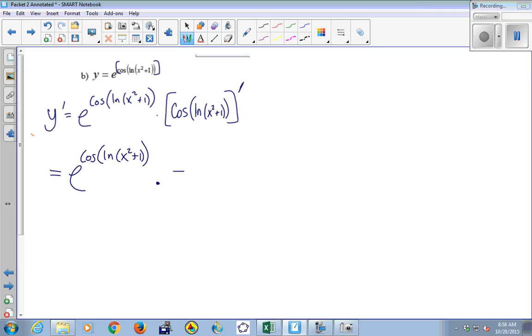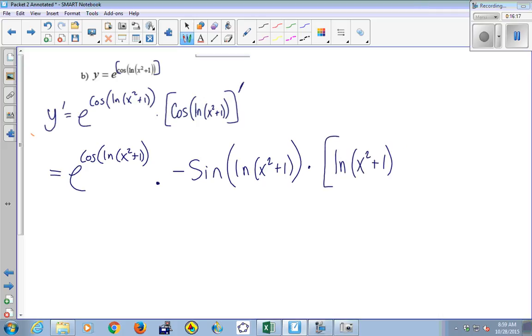So this is going to become negative sine of the stuff, which is the ln of x squared plus 1. But then I still have to multiply by the derivative of the stuff that was inside, right? My cosine was my outside function. My inside function is the ln of x squared plus 1. So I multiply by the derivative of the ln of x squared plus 1, the derivative of the inside.